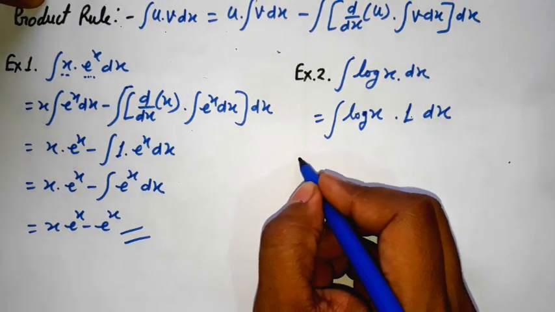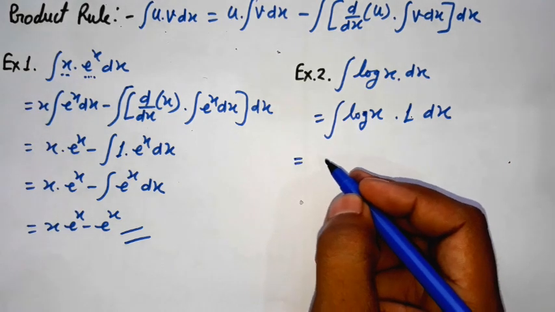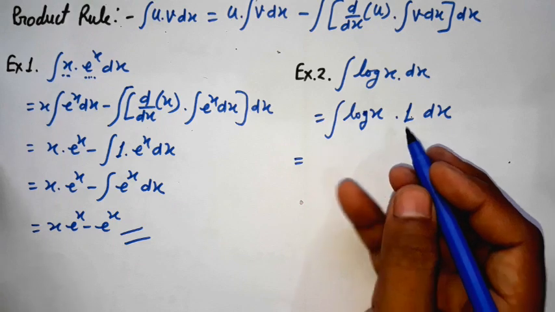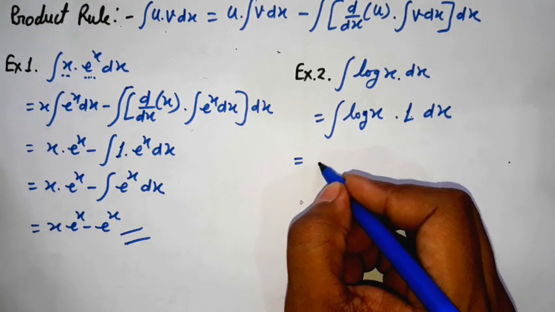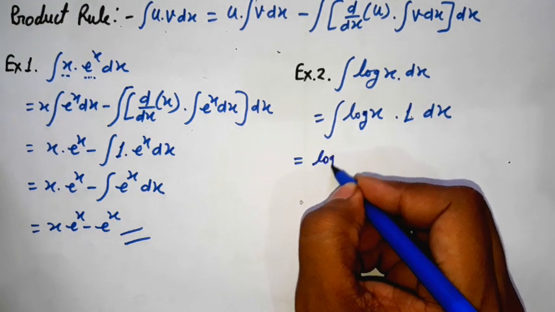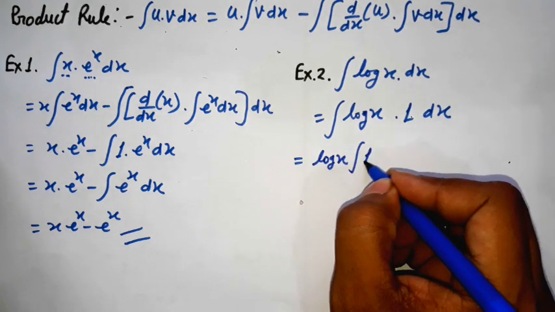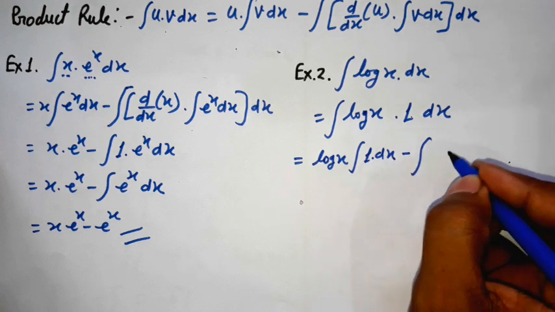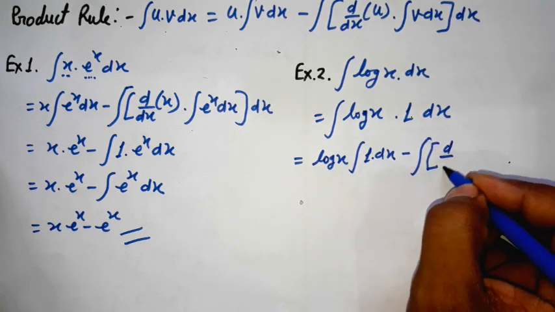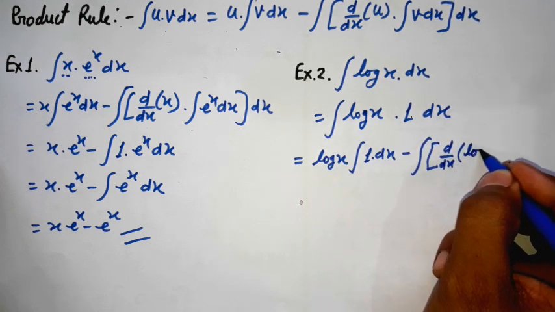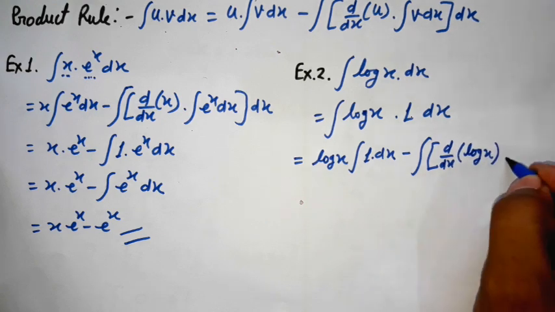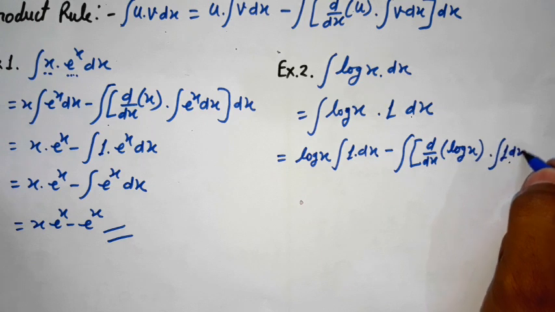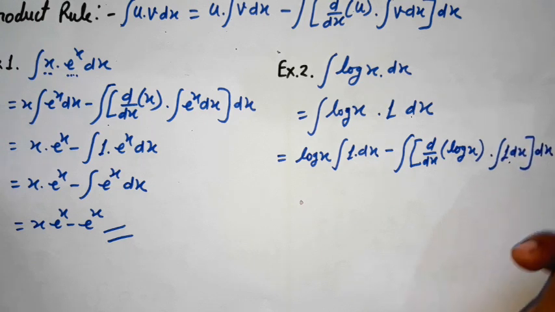So on applying the product rule, integration of log x into 1 dx is u, that is log x, integration of 1 into dx, minus integration of differentiation of log x into integration of 1 dx into dx.